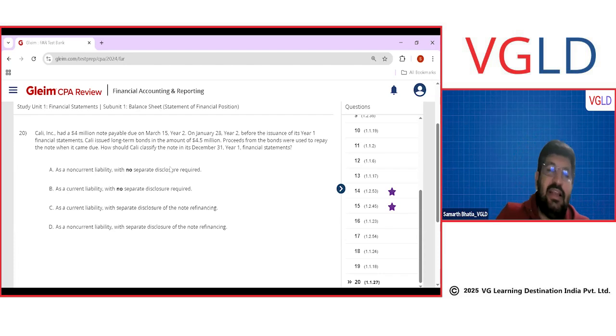How should Kelly classify the notes? A few students are saying option B, option C, some are saying option D as well, and we have an answer option A as well. I want one or two more answers, please.